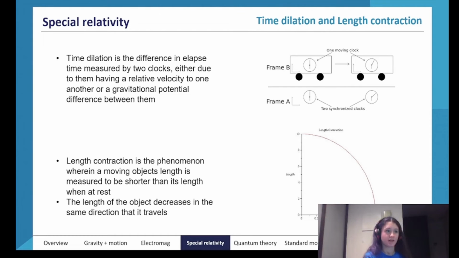Okay, so time dilation is the difference in elapsed time measured by two clocks, either due to them having a relative velocity to one another or gravitational potential difference between them. So this is what we can see here. In this scenario, frame A and frame B, the clocks are measuring different times.